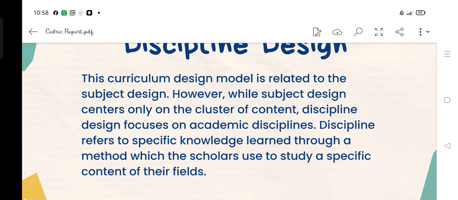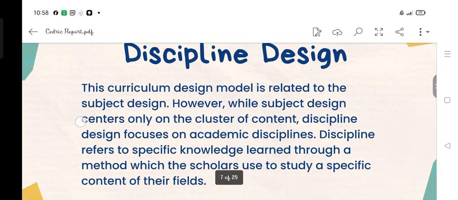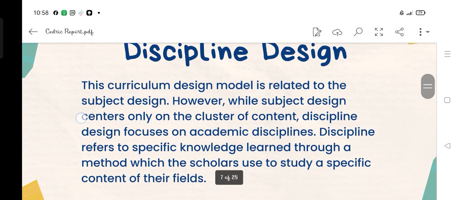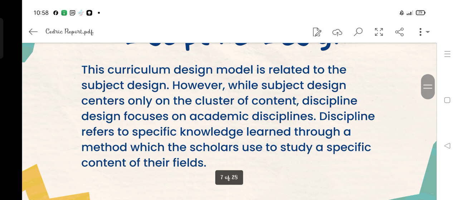The subject-centered curriculum moves higher to a discipline when the students are more mature and are already moving towards their career path or disciplines such as science, mathematics, psychology, humanities, history, and others. So, kaya this type of design is usually found or na i-encounter ito sa college.